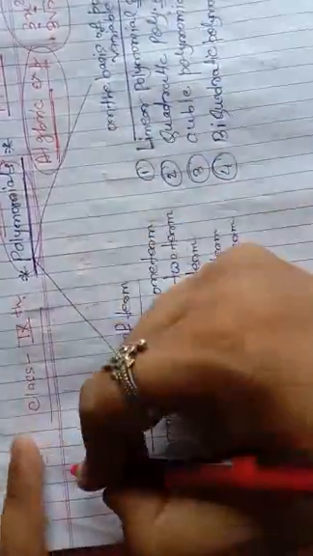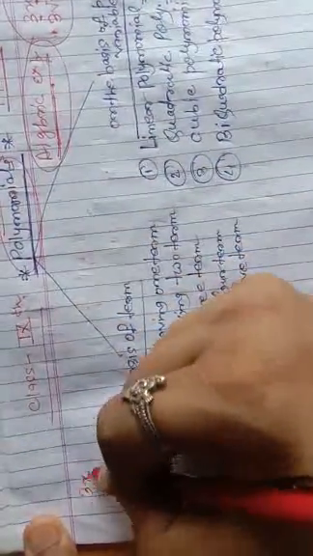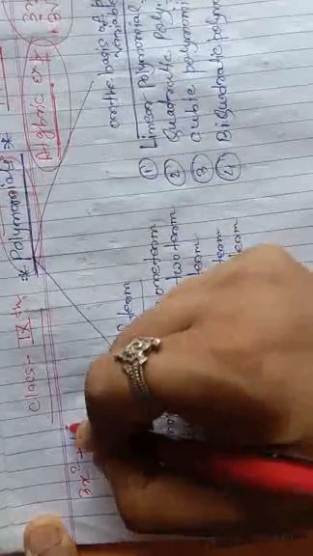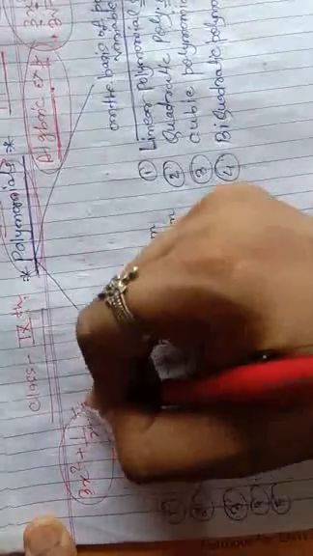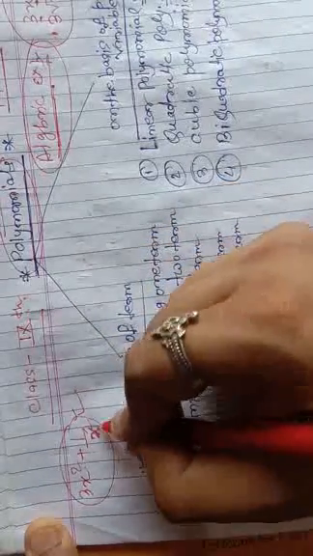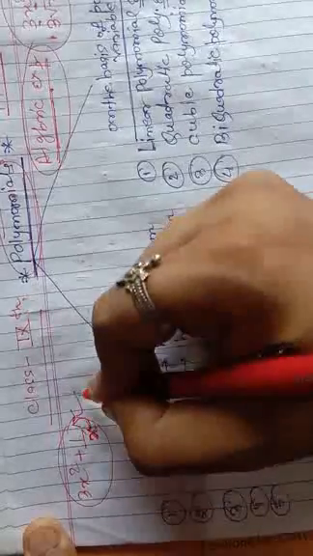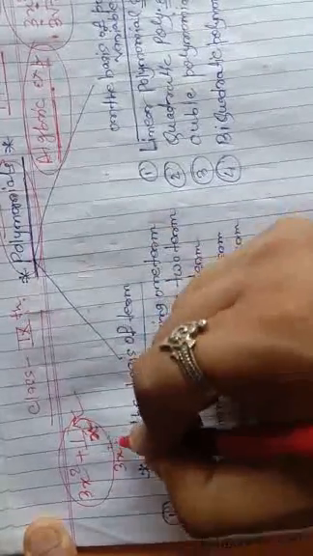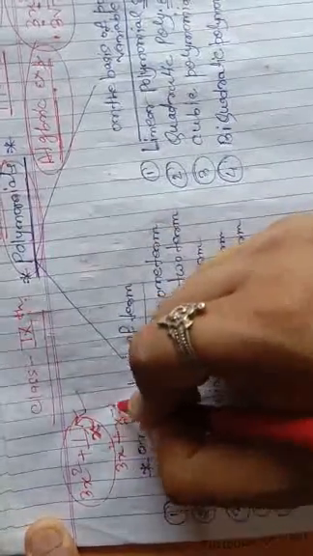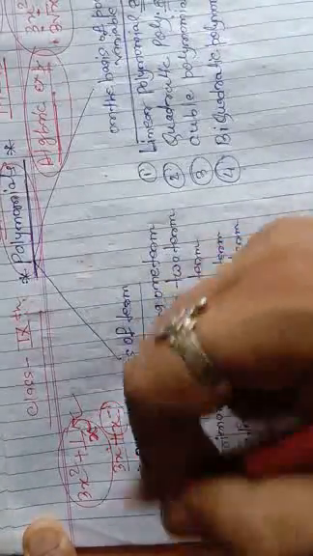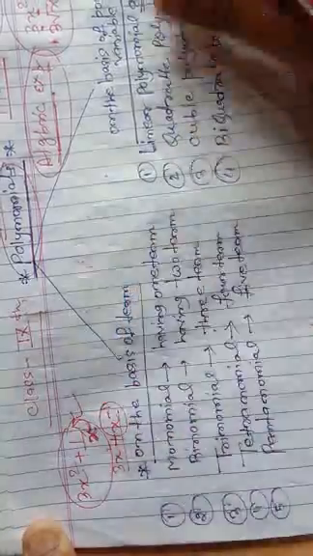Suppose I write here 3x square plus 1 by x. This is a kind of algebraic expression, but if you transfer the variable to the numerator side, then we can write 3x square plus x to the power minus 1. So the variable can have any kind of power, negative, positive, fractional, in the case of the algebraic expression.